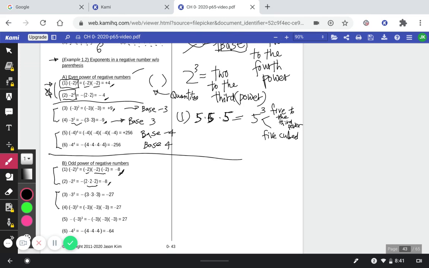So how about number 3 and number 4? Number 3 reads negative 3 to the third power. In this case, the base is 3. So it is negative of 3 times 3 times 3, which is negative 27.